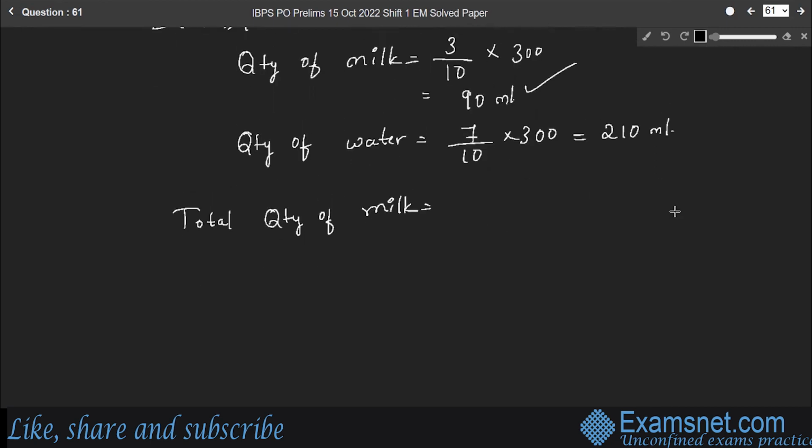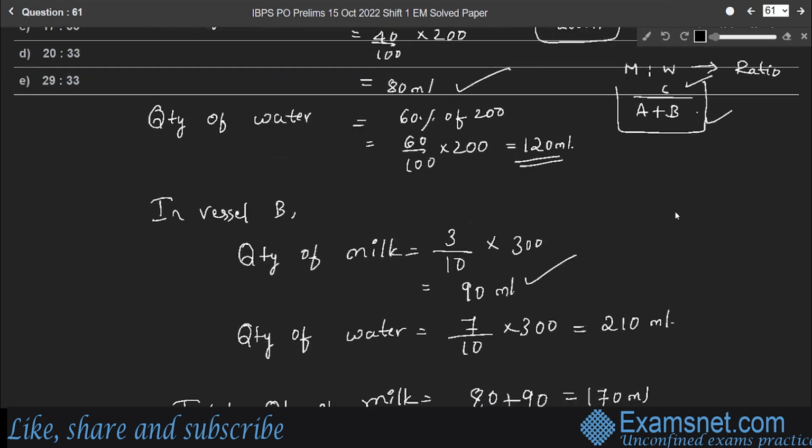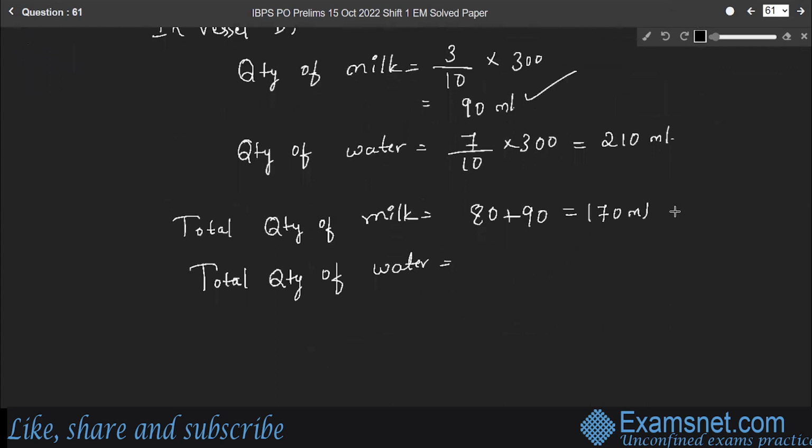So 80 plus 90, 170 ml. And the total quantity of water is, in vessel A 120 ml, plus 210 in vessel B. So 120 plus 210, it is 330 ml.